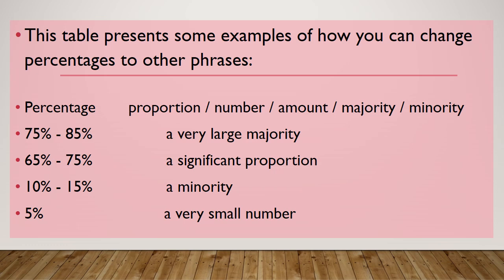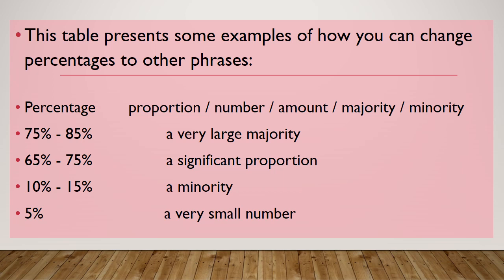This table presents some examples of how you can change percentages to other phrases. In place of percentage, you can write proportion, number, amount, majority, minority. So if the percentage given is 75% to 85%, we can write a very large majority.